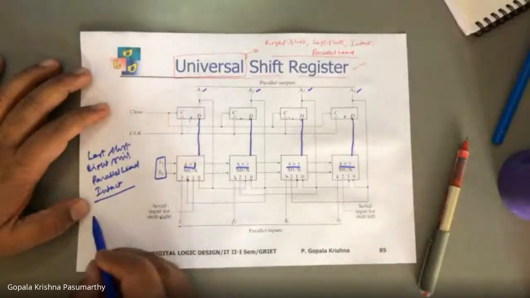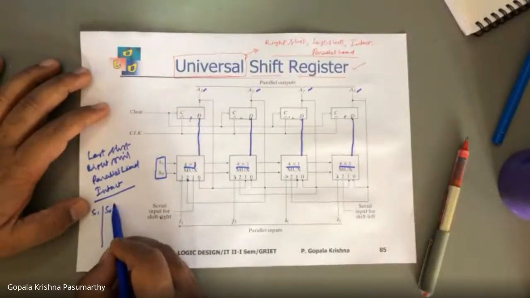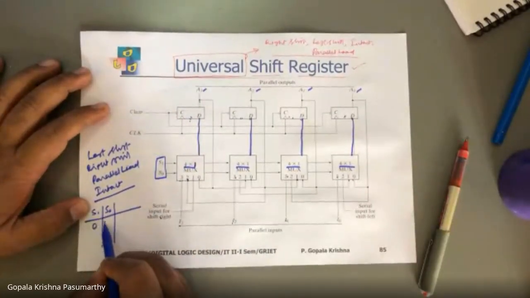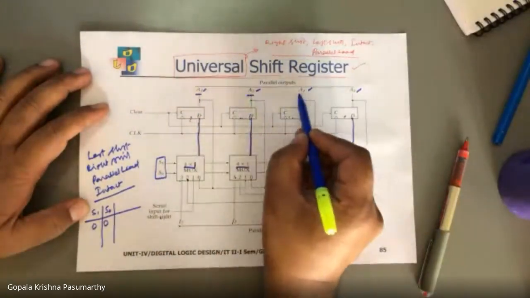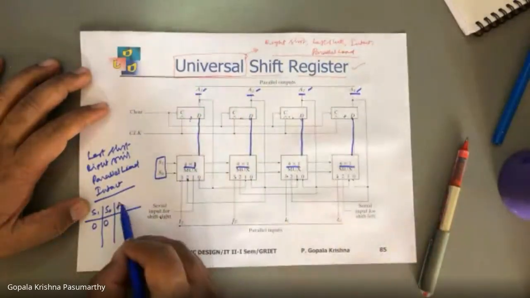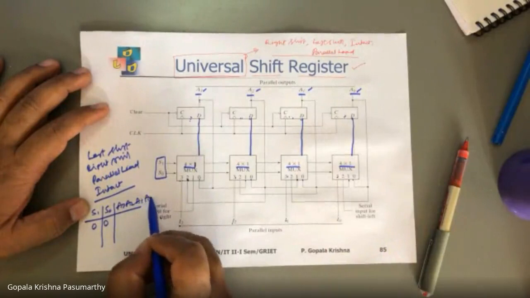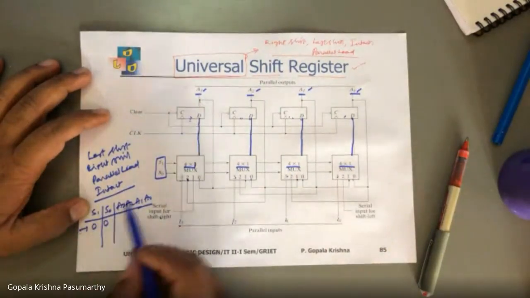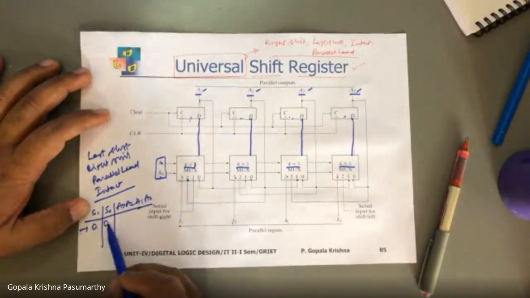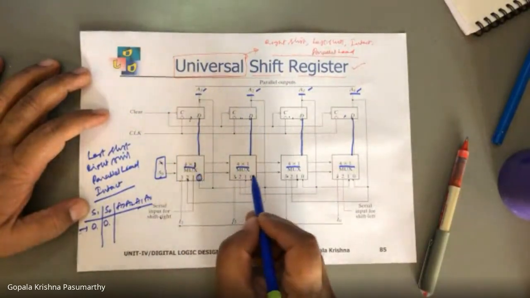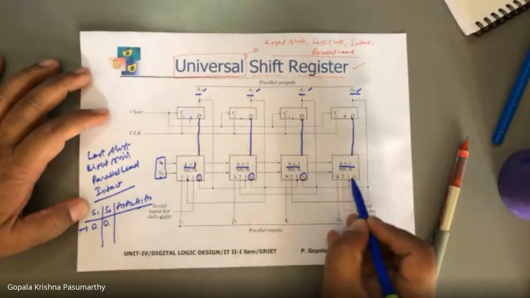For example, if you make S1 and S0 as 0, 0, what will be the value of A3, A2, A1, A0? If S1 and S0 are 0, 0, in every multiplexer the 0th input will be selected.